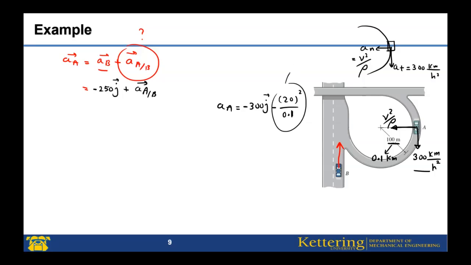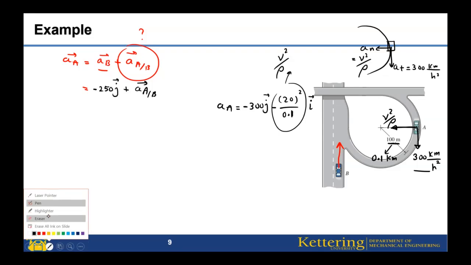This one, what is this? This is the v squared divided by rho, and it is in the minus i direction. This is the point of this problem. Also, if you are solving this one, maybe this question comes to your mind: what is the difference if the car is moving in a curve or on a straight line?